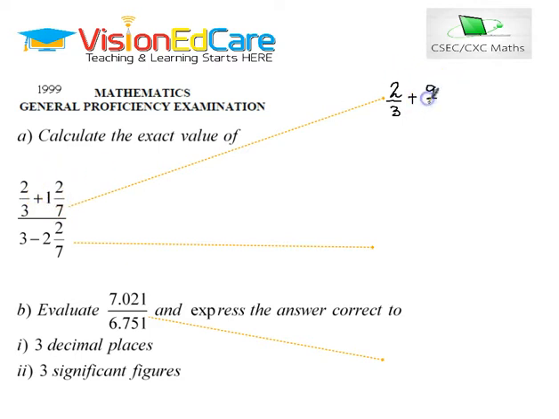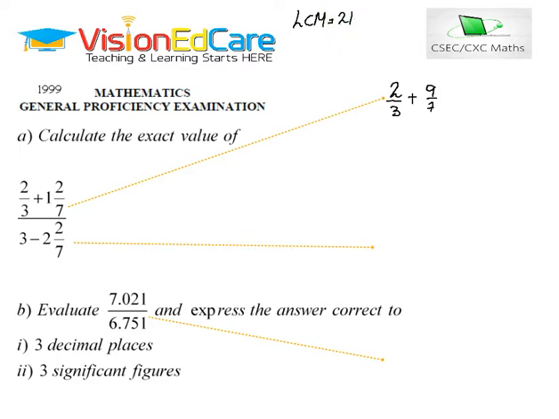So we have 2/3 plus 9/7, and we're adding them. But if you note, the denominators are not the same, so we need to make the denominators the same. So we need to find the lowest common multiple, and that lowest common multiple is 21. That's the lowest number 3 can go into and 7 can go into.